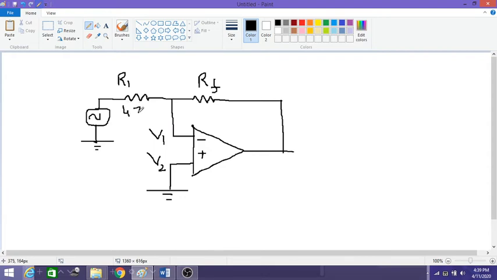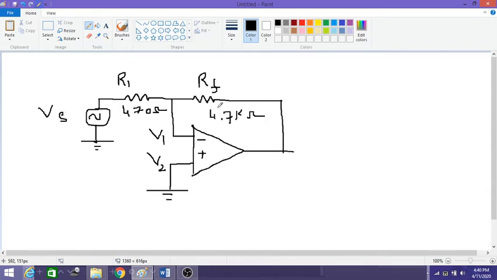Let us say this resistance is 470 ohms and this is 4.7 kilo ohms, and the Vs is not given here.